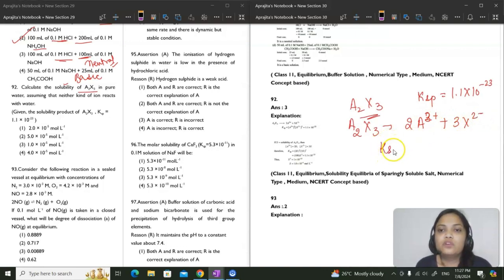So the solubility product will be A 3 positive squared into X 2 minus cubed, which is already given as 1.1 into 10 to the power minus 23.